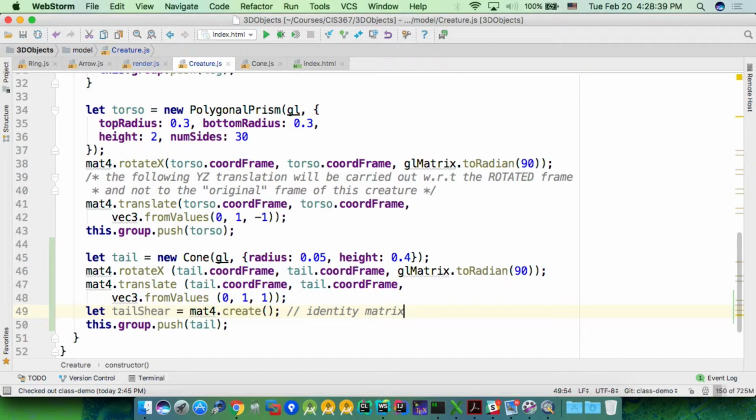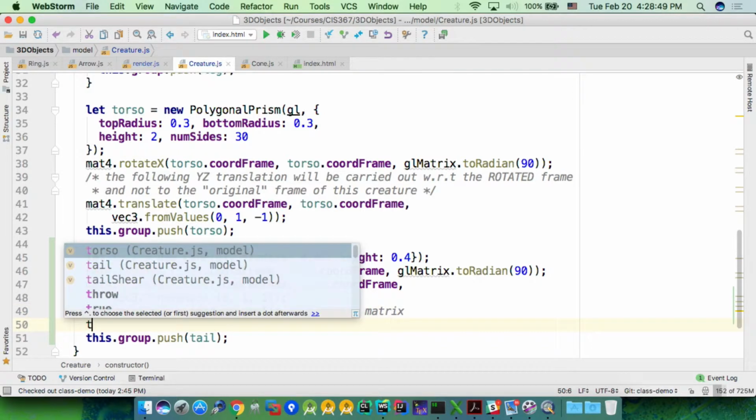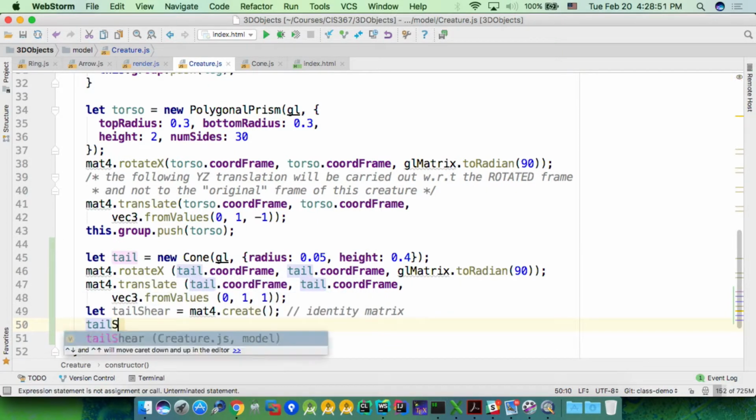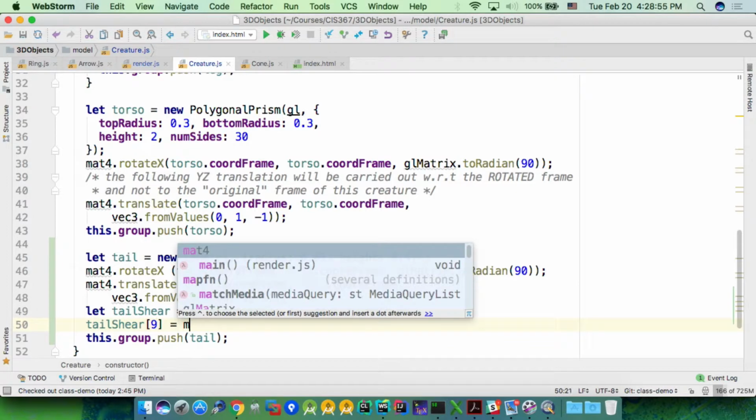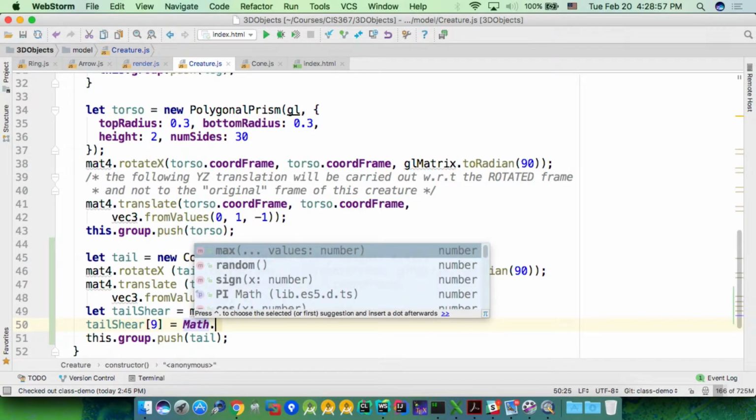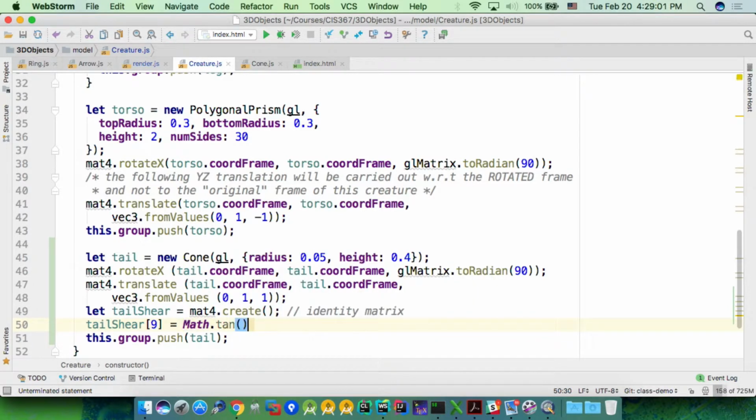All the diagonals are 1, and then we set cell number 9 with the tangent of the angle. So I will update cell number 9 with Math.tan of the angle of the shear amount.